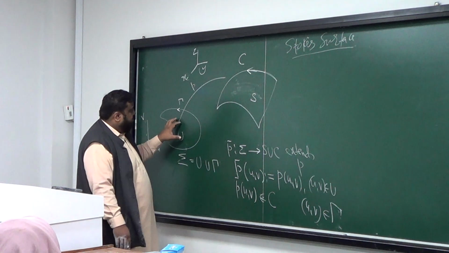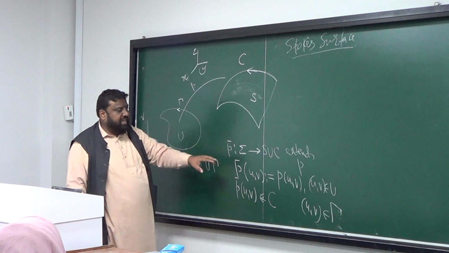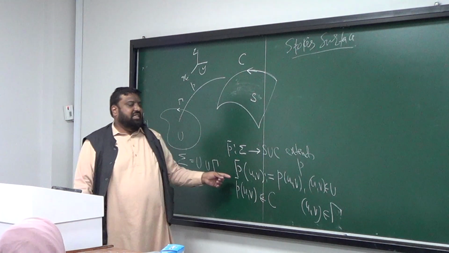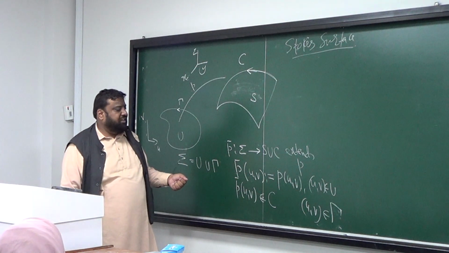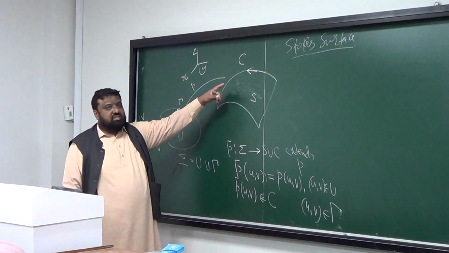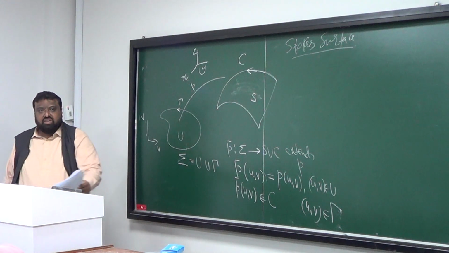When it maps a point of the region U, it behaves like P, so it extends. And if it takes a point from gamma, it throws it onto the boundary of the surface actually. So it's kind of an oriented surface.